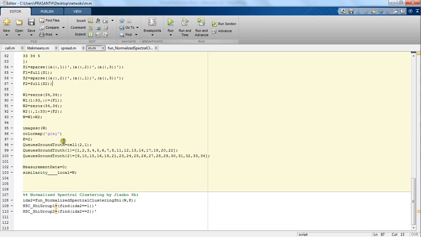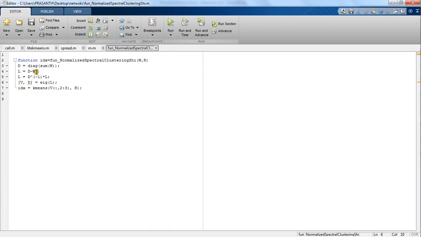We translate this into a graph to see the plot, and the ground truth values are taken, and this is the function call for the normalized spectral clustering. This function performs the simple task of spectral clustering, where D is the diagonal matrix and L is the Laplacian matrix, which is the subtraction of the weighted matrix from the diagonal matrix.